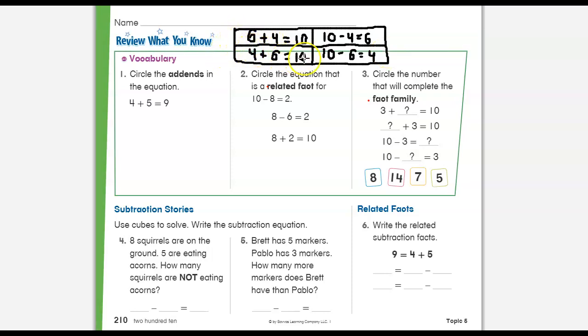I drew 4 equations up here on the top: 6 plus 4 equals 10, 4 plus 6 equals 10, 10 minus 4 equals 6, and 10 minus 6 equals 4. Do you notice anything that all 4 of these equations have in common?